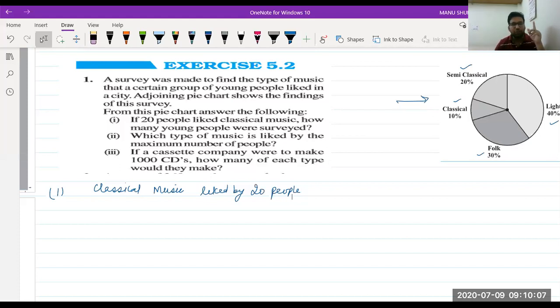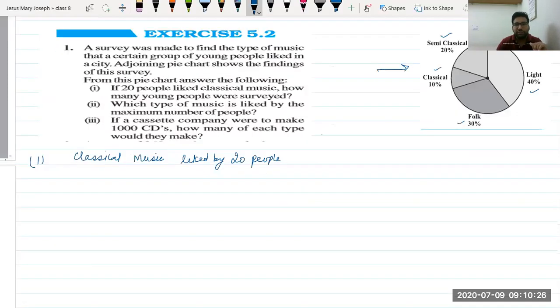From the first part, we can say, yes. Good, beta. Joel. Now see. Okay. All of you got this. Now see. Given to us, people who like classical music is how much? 20. And also we know there are 10%.